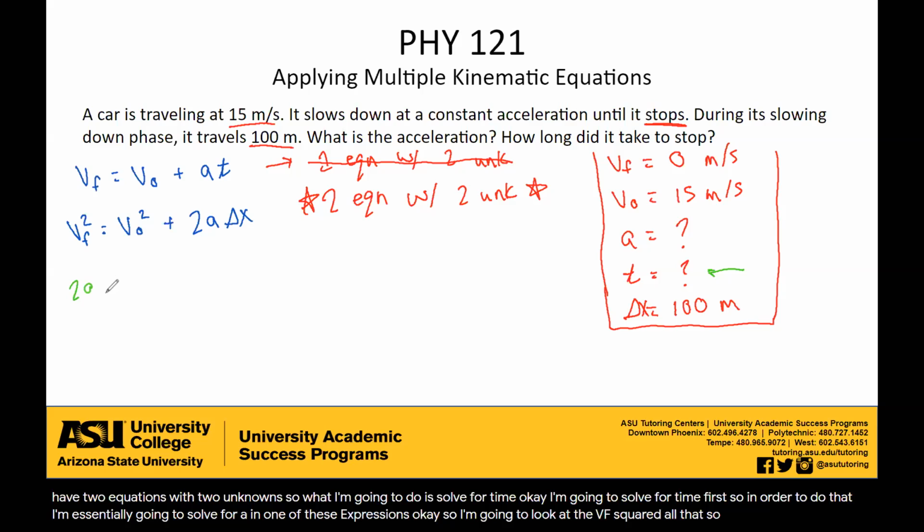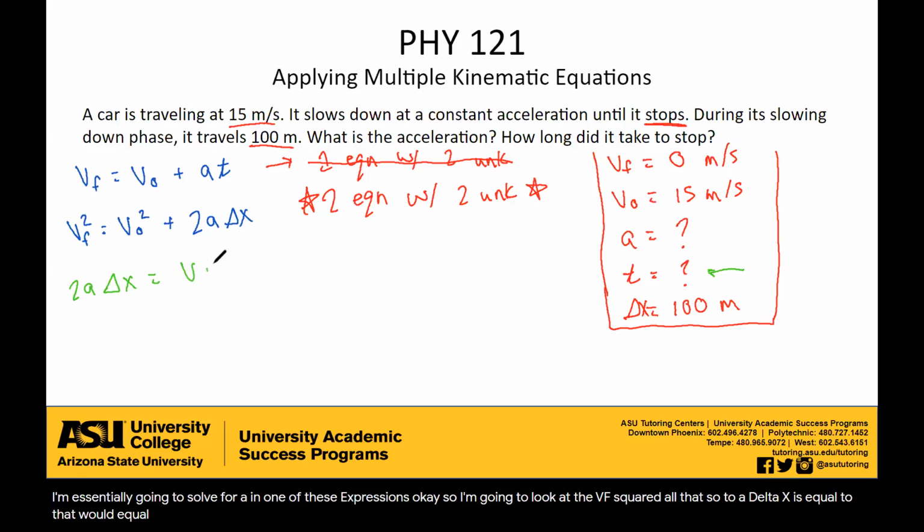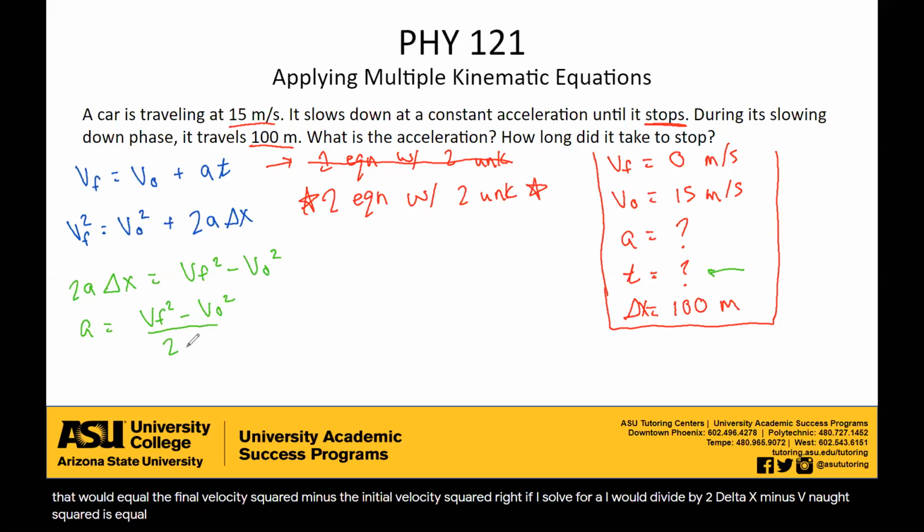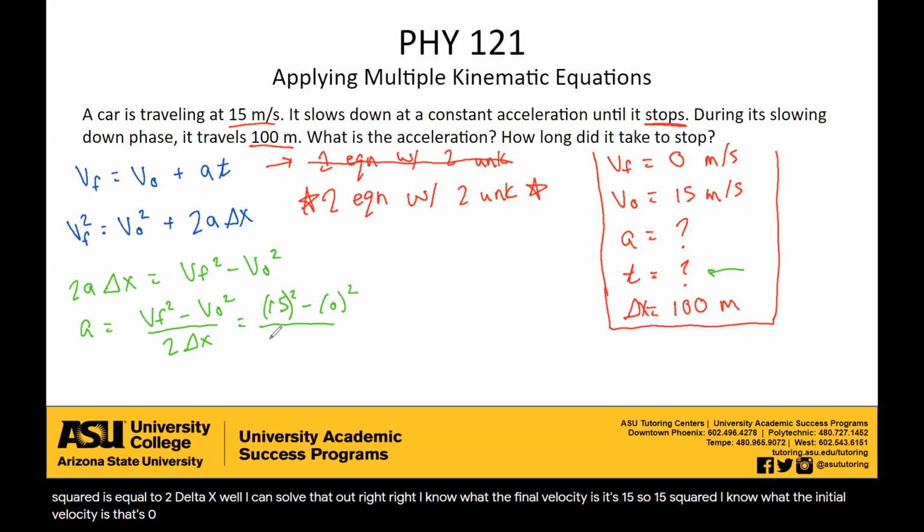So 2a delta x is equal to the final velocity squared minus the initial velocity squared. If I solve for a, I divide by 2 delta x. So a equals vf squared minus v naught squared, all over 2 delta x. I can solve that outright, because I know the final velocity, the initial velocity, and delta x.